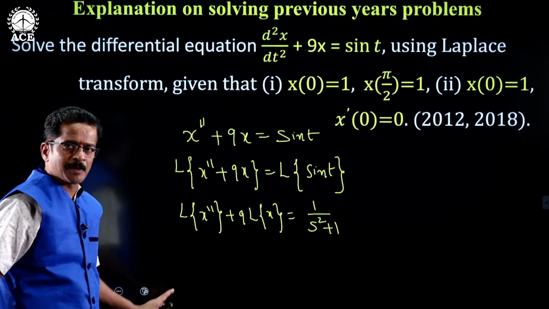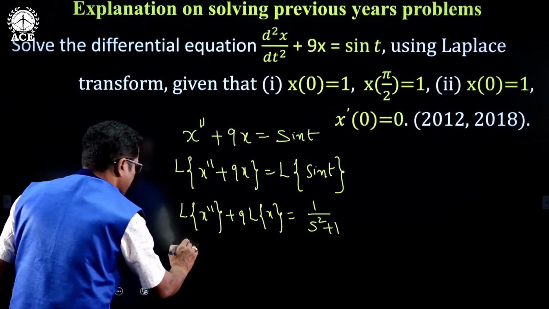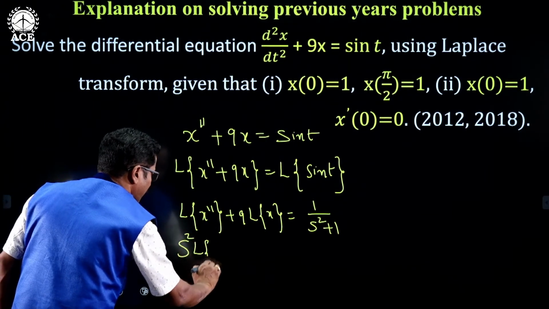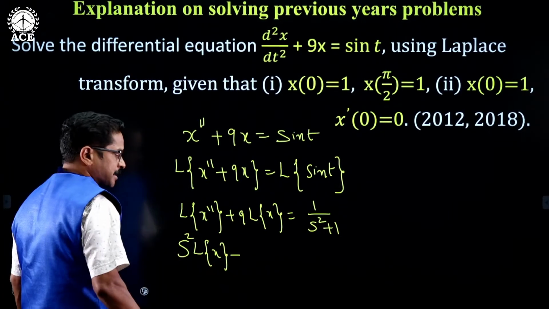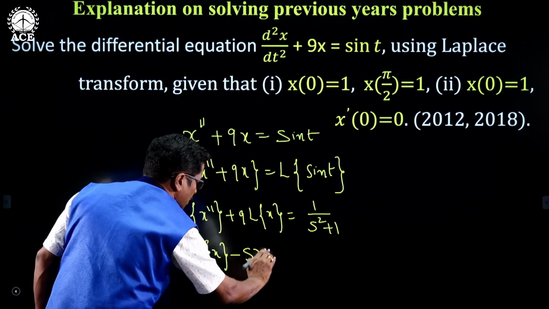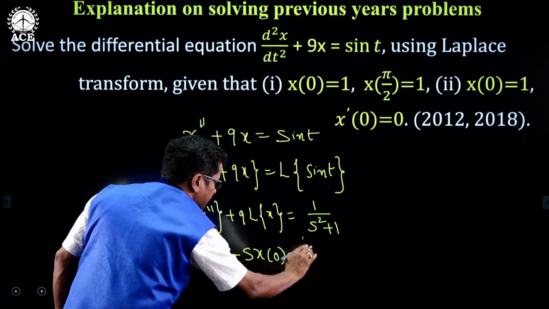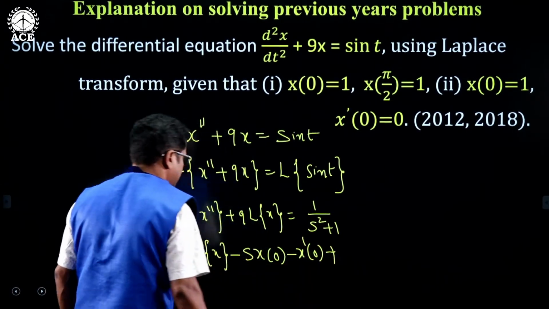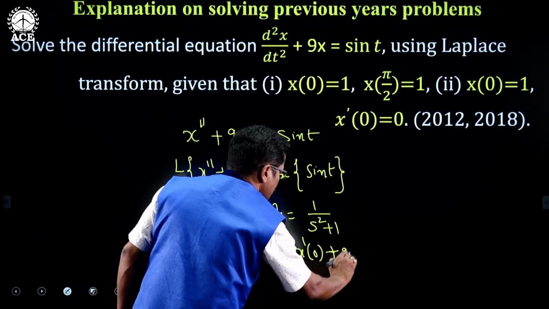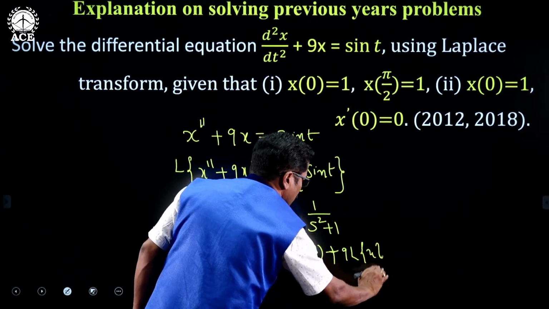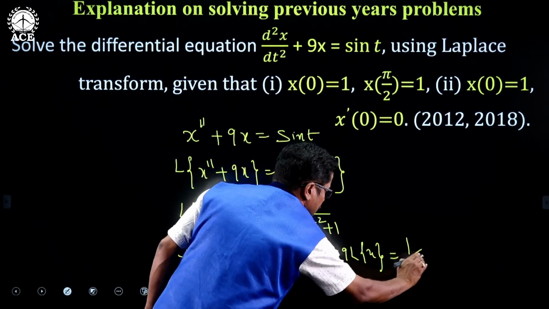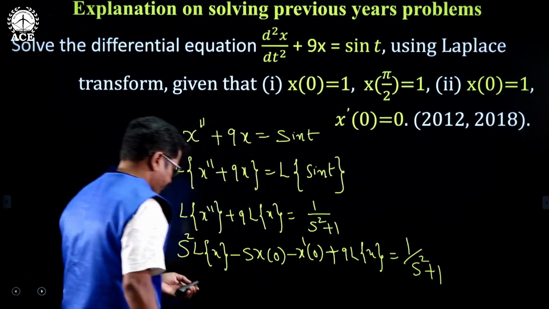For L of x double dash, by the Laplace transform of derivatives formula, s square into L of x minus s into x of 0 minus x dash of 0, plus 9 into L of x is equal to 1 by s square plus 1.